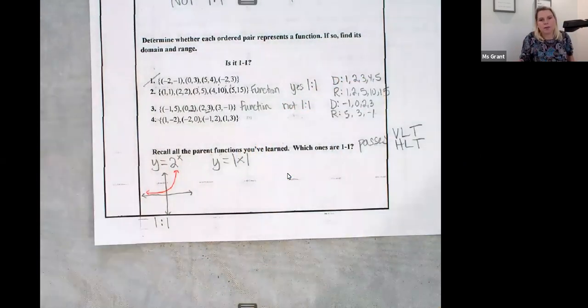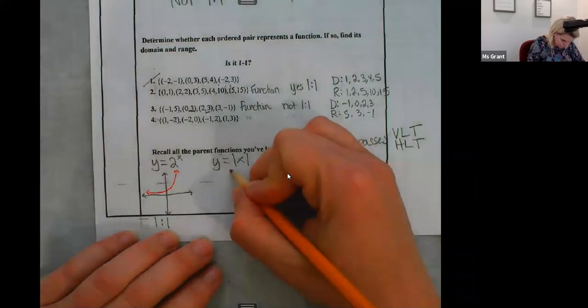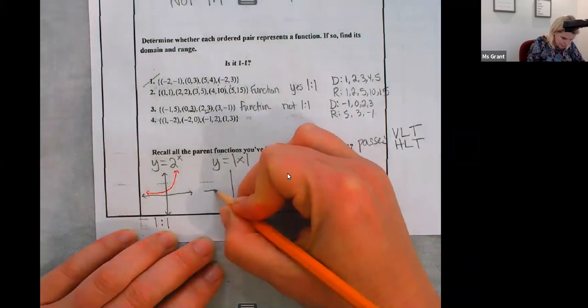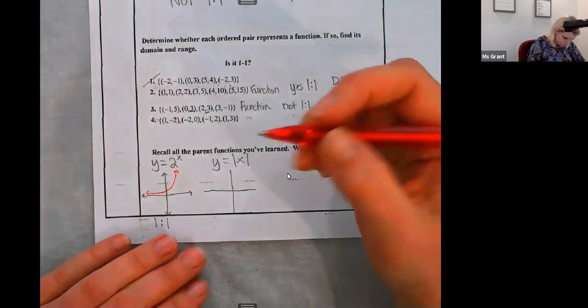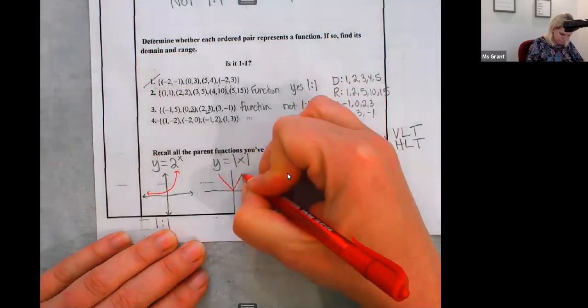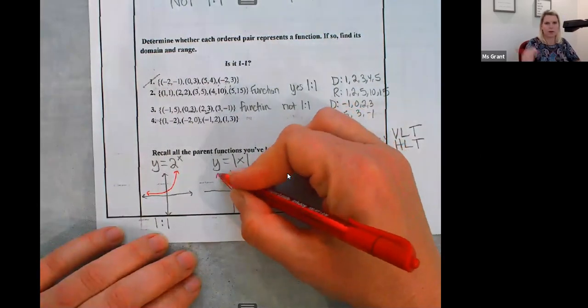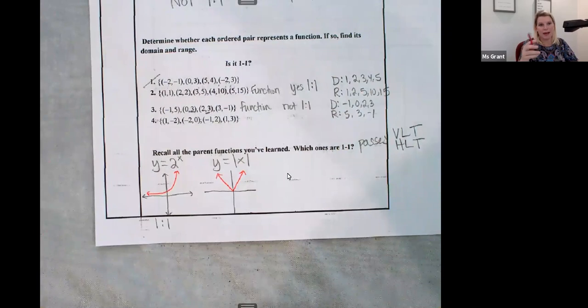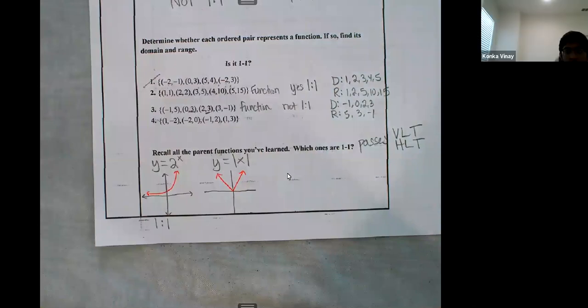Next, y equals the absolute value of x. That's the V-shaped, remember? This doesn't pass one of the line tests. Which one does it not pass? The Y one?